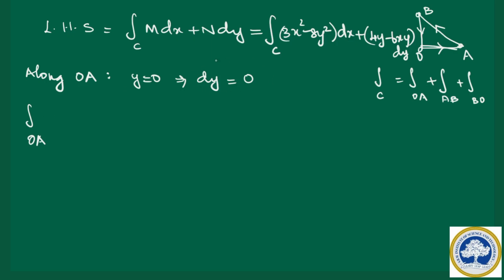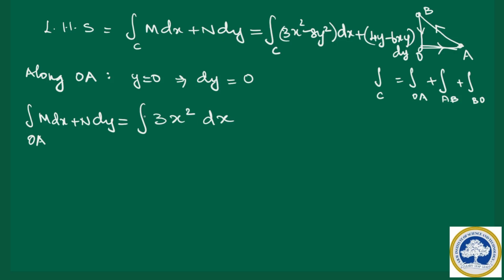Since dy is equal to 0, m dx plus n dy becomes what? Since dy is equal to 0, the second term won't come, the term with dy will become 0. So we will be left with 3x square, and what happened to 8y square? Y is also 0. So simply we will have 3x square dx.